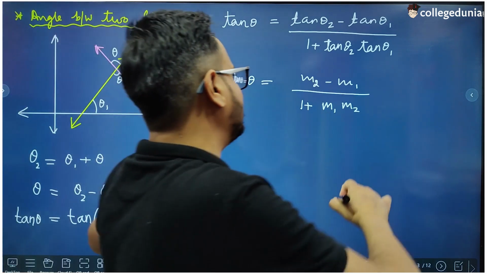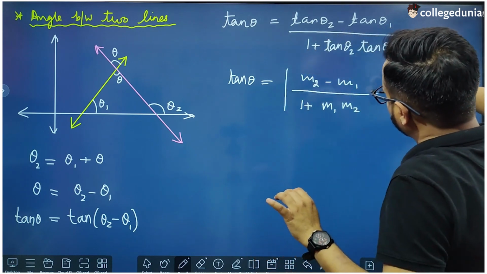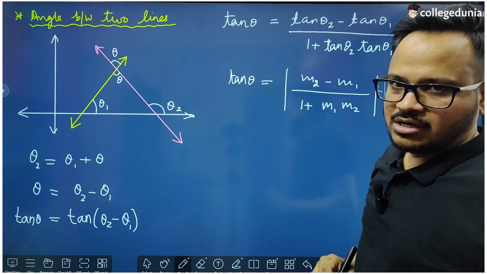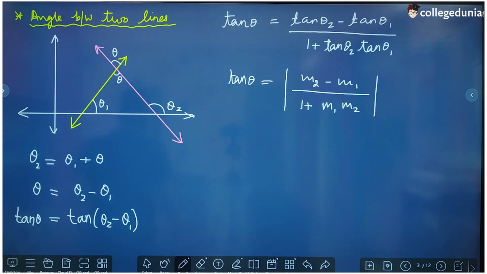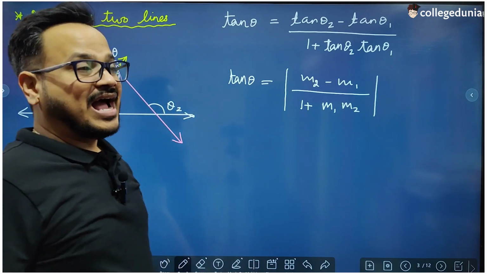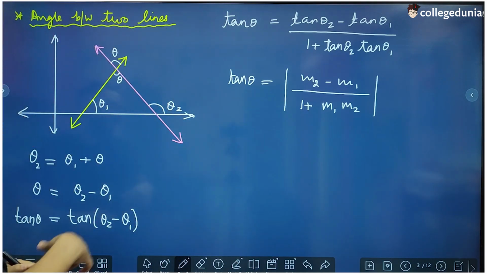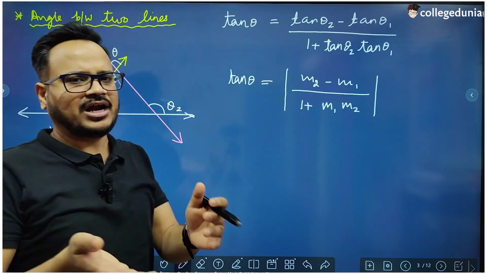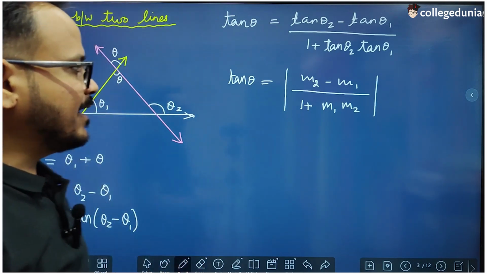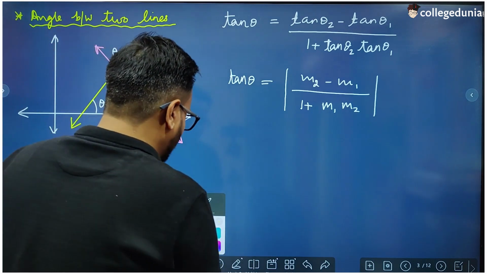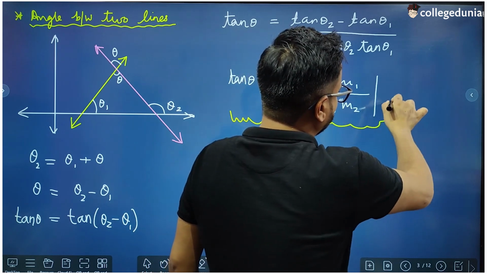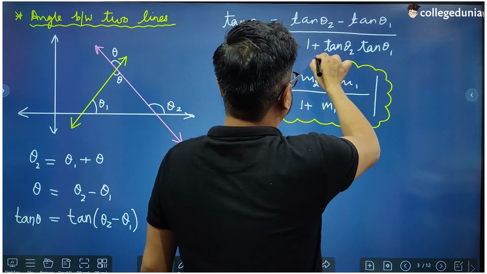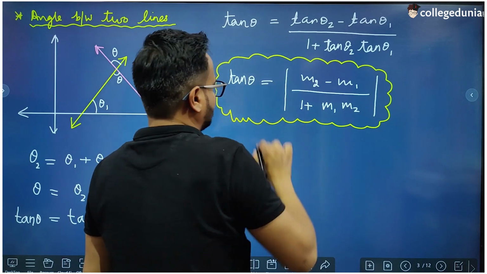So if we want to find the acute angle between the lines, we can put a mod sign which says that if this result is negative, then we take the result as positive, and the positive result will give us the acute angle between the lines. So the other angle can easily be calculated by subtracting the acute angle from 180 degrees, right? So this is a very important formula to find the angle between the two lines when their slopes are given.